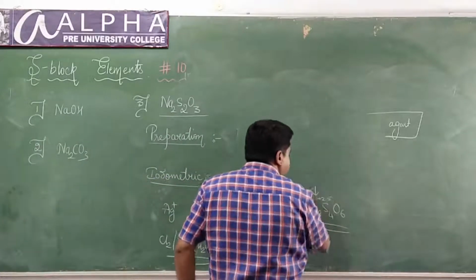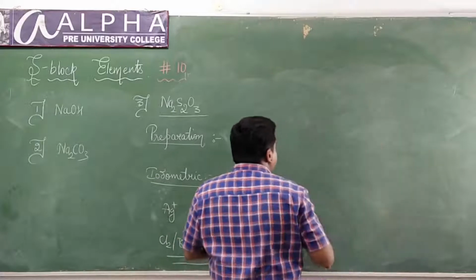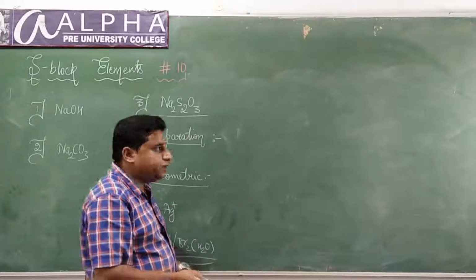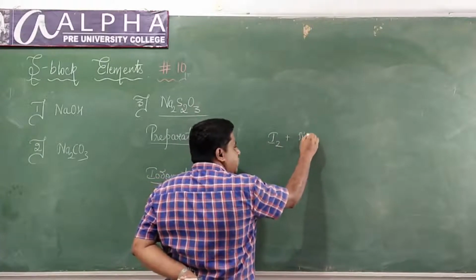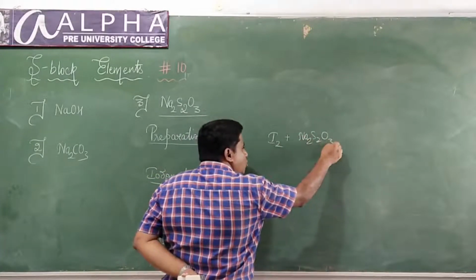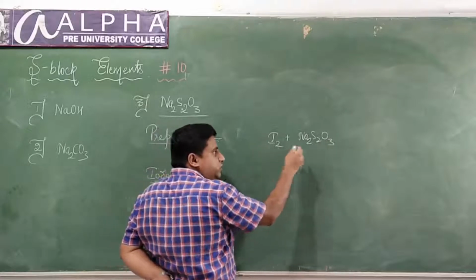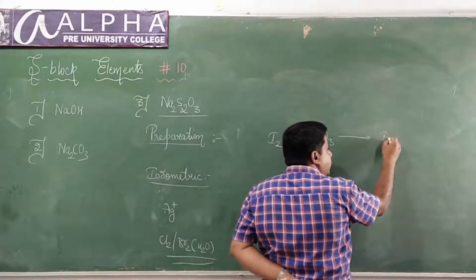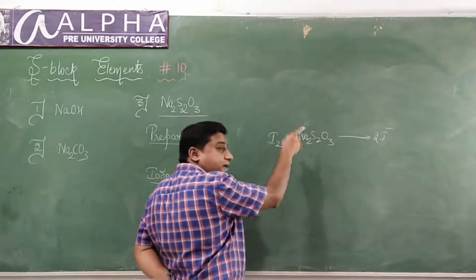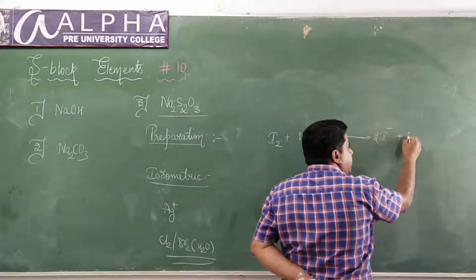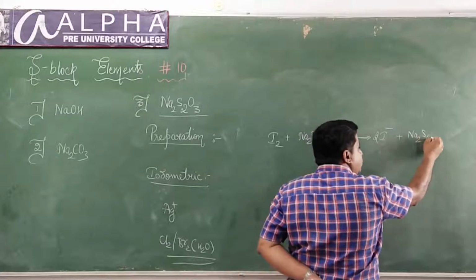Now, let us look at iodometric titration. This is one of the important titrations. In iodometric titration, sodium thiosulfate, Na2S2O3, will reduce iodine to iodide, but itself gets oxidized to Na2S4O6.